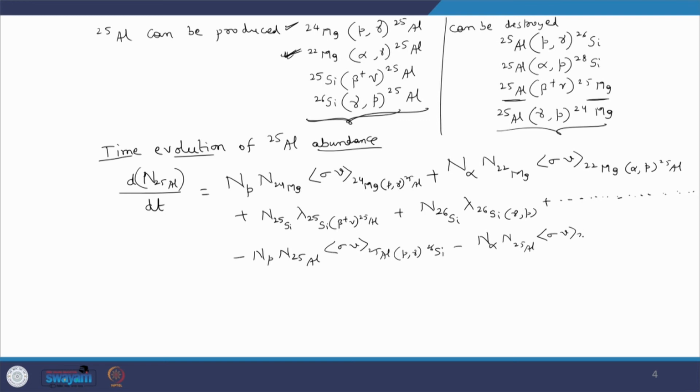So, sigma V for 25Al(alpha,p); minus, at the same time this aluminum 25 nucleus can undergo decay also, and the decay constant depends on this particular value, beta plus nu giving rise to 25Mg, and here of course 28Si. Now, the last process which we are considering at this place is lambda of 25Al reacting with gamma, proton, minus these things.